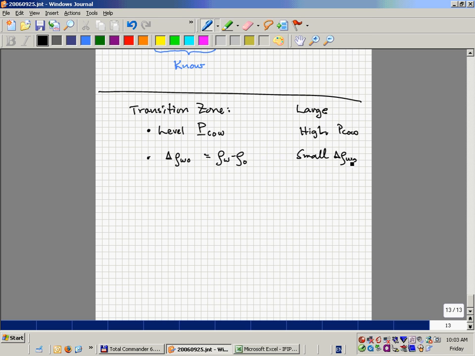So if the oil you have is a heavy oil, its density is close to water, and that delta rho becomes very small. Then the transition zone can become very long. Okay? So this would be for heavy oils.